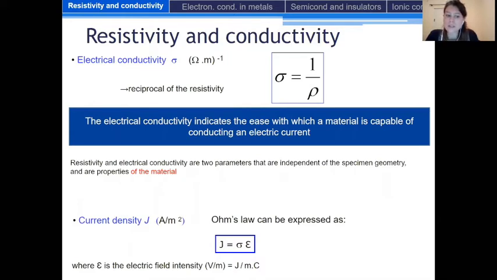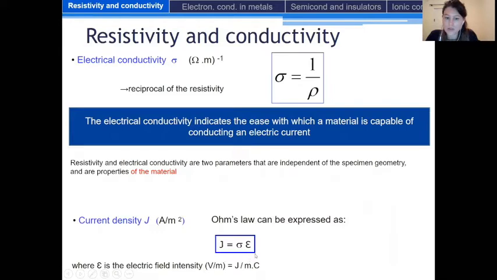And so the resistivity and electrical conductivity are two parameters that are independent of the specimen geometry and are properties of the material. By combining these equations, we can also express Ohm's law in a different way that is written right here.